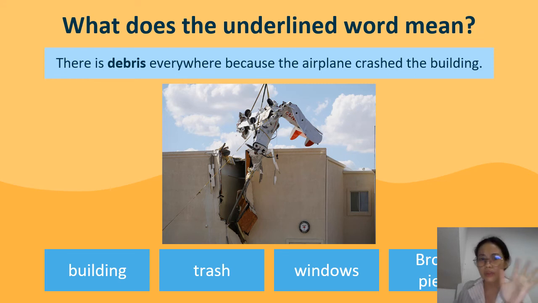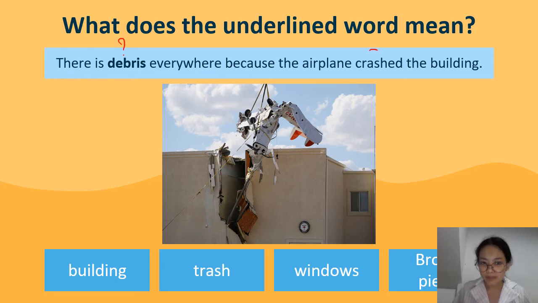There's debris everywhere. Oh, I don't know the word debris. So, what is it? Because the airplane crashed the building. Oh, it's not good news. If the car hit something, or crashed something, it's kind of negative. Debris is negative.